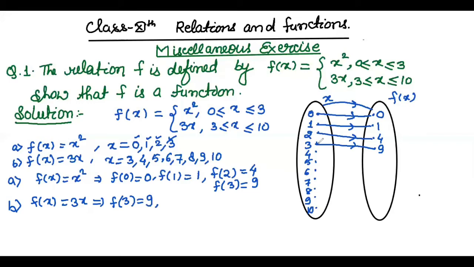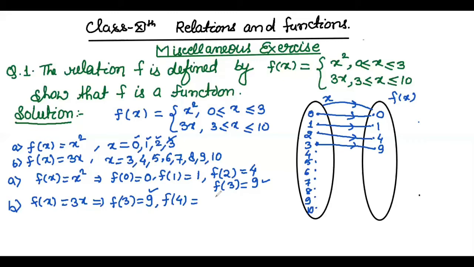So for the same element, we are getting the same image. This is the image part and this is the pre-image part. I hope you all know. f(x) is the image part and x is the pre-image part. So here we are getting f(3) equals 9 in the second condition, and here also f(3) equals 9.